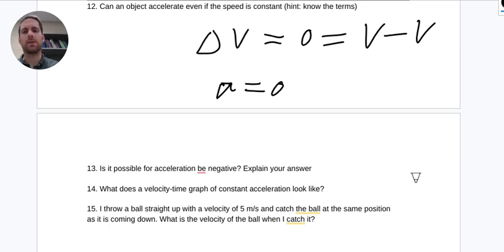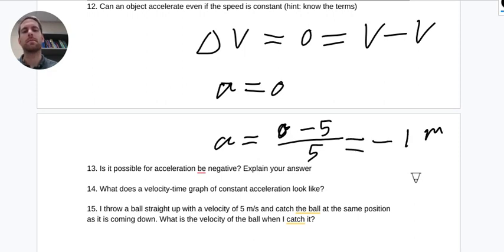So let's do an example real quick. We'll say a is initially accelerating at 5 meters per second, and then it stops, so that goes to 0, our final velocity is 0, over some time frame, say it happens in 5 seconds. So our value, -1 meters over seconds squared. And the negative sign implies we're slowing down.